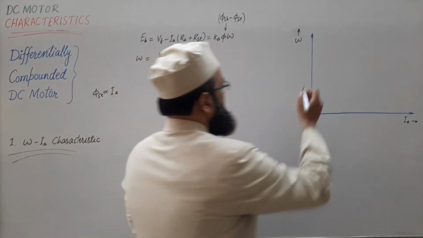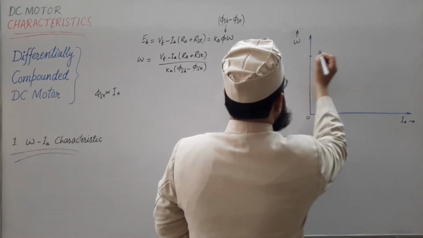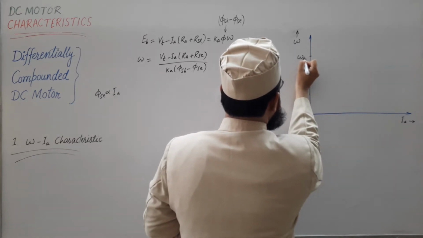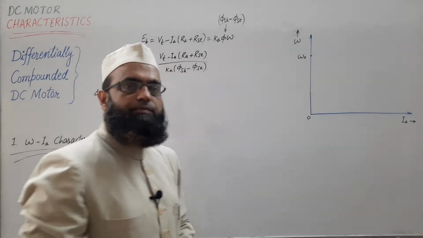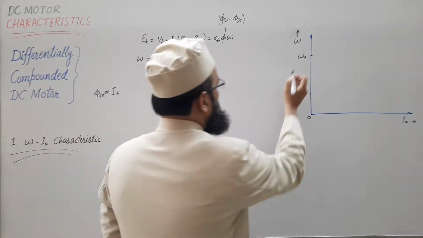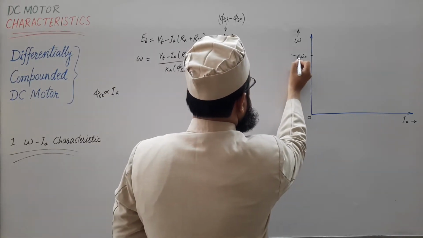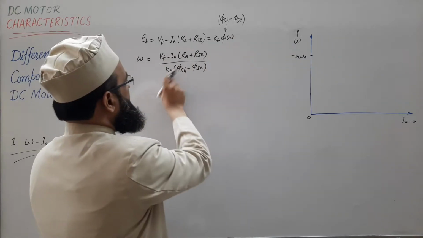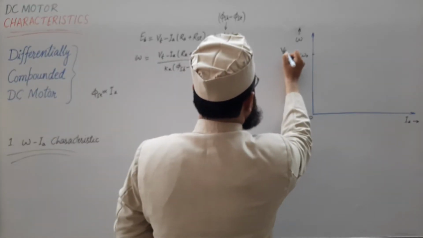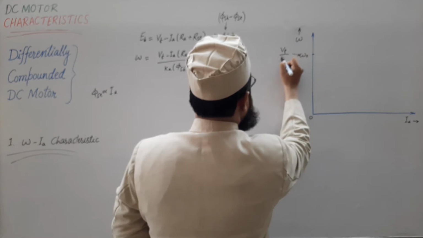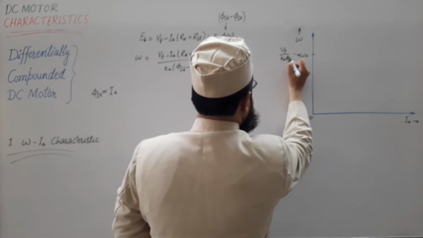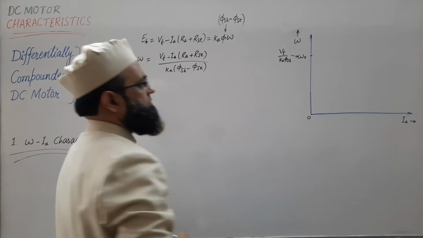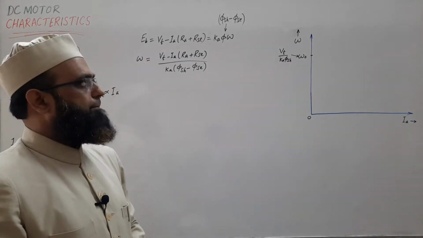At this point we will get some speed. Let us say this is omega 0, the no load speed, which will have the value Vt upon Ka phi sh. This will be equal to this, fine.